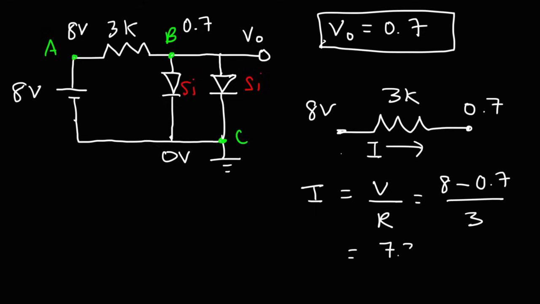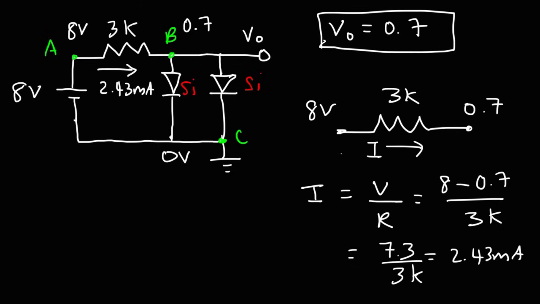So we have a voltage of 7.3 divided by the 3 kiloohm resistor. So the current is 2.43 milliamps. So we got 2.43 milliamps flowing through the resistor.